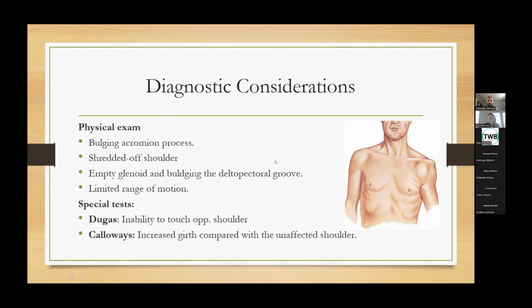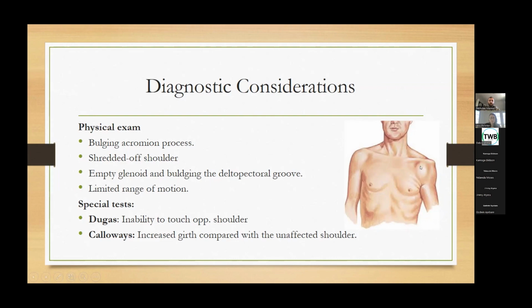The acromion will appear bulging on this side, and when you palpate the patient laterally, you feel it almost popping out. And then the shoulder will appear squared off in a way that it's almost falling off the body, as you can see. This is the normal one on the left, but then on the right, the shoulder is almost falling off. So that's what we describe as being squared off.